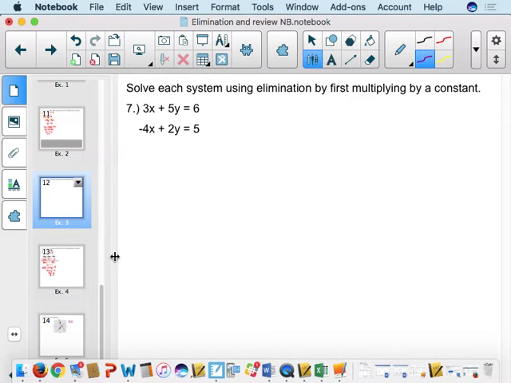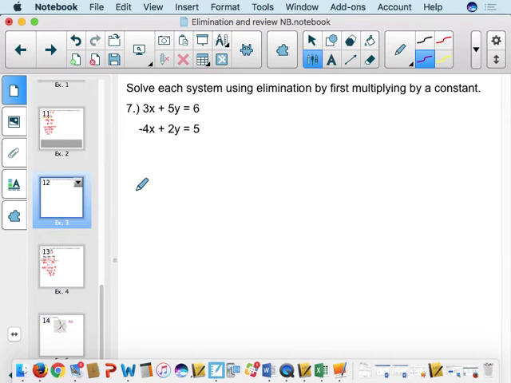I do like that the x's, one's positive and one's negative, and the y's are both positive. On the other two examples, we just had to multiply one equation. So this would be the hardest that an elimination problem would ever get, just because you have to multiply two equations on the first step.